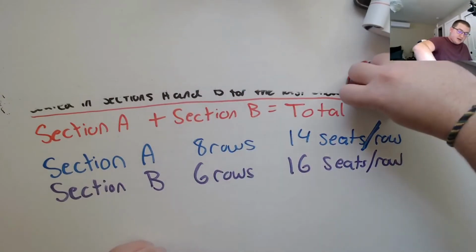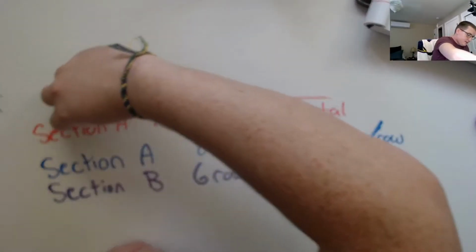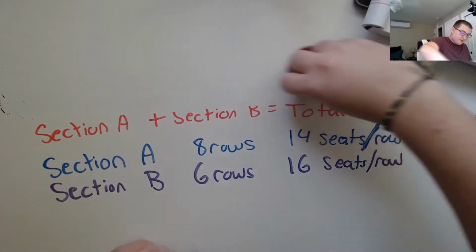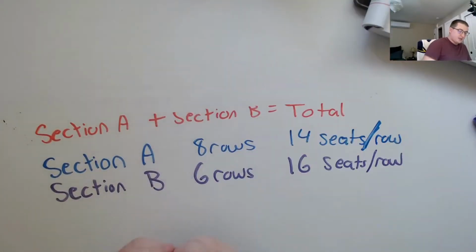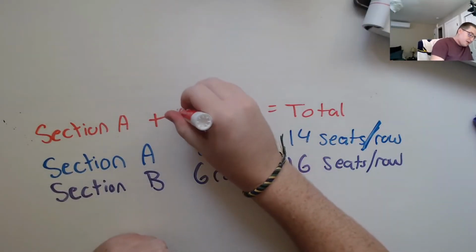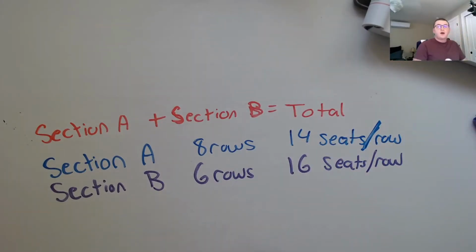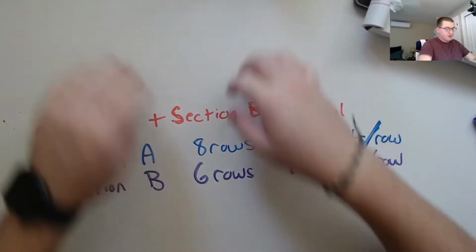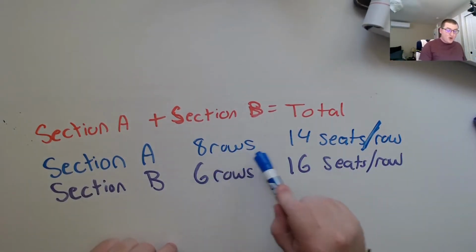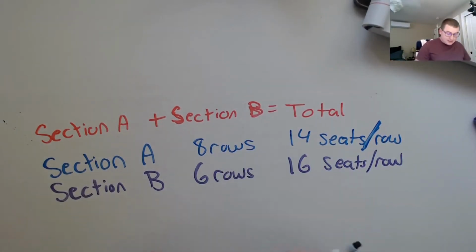Oh, I erased a little bit of the word problem. Let me fix that. My handwriting may not be good, but I still am particular about some things. Okay, so I'm going to use this space up here to solve the problem. Section A has 8 rows with 14 seats per row.